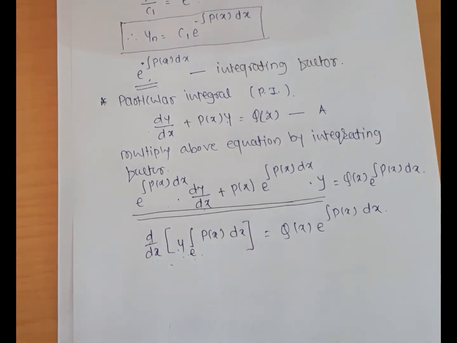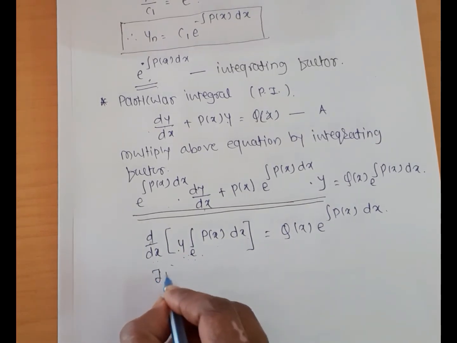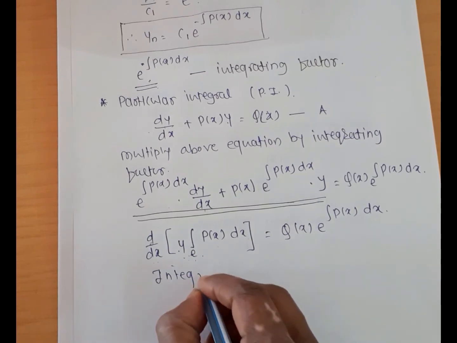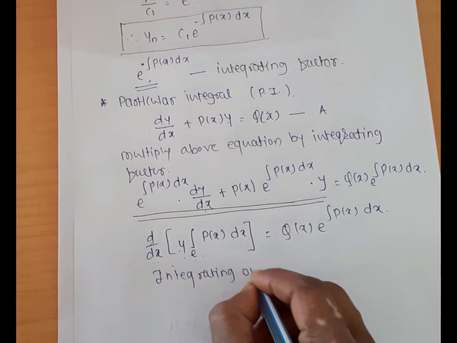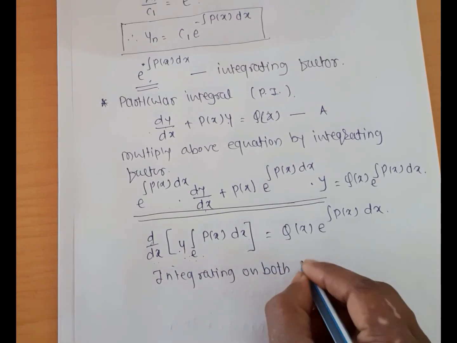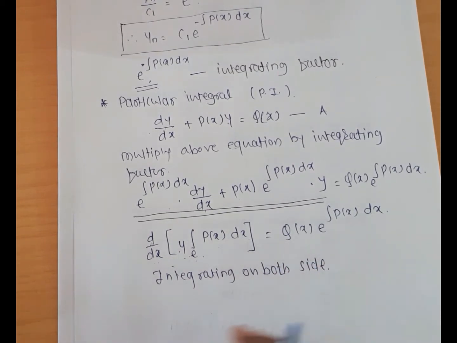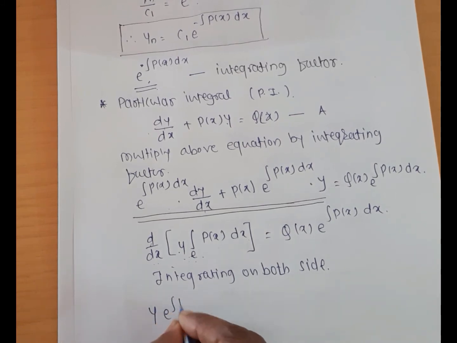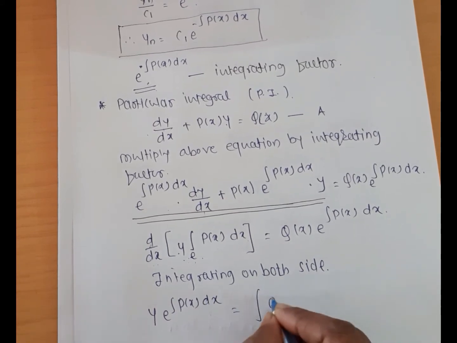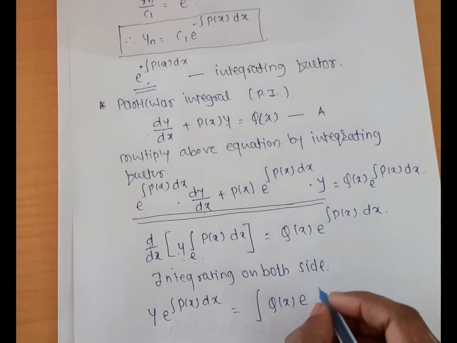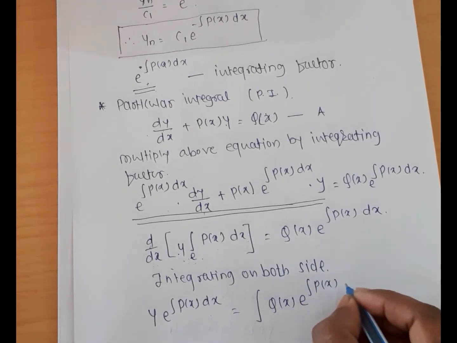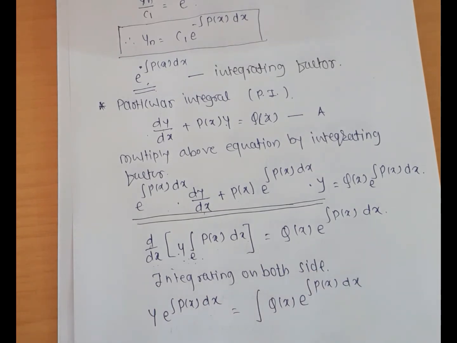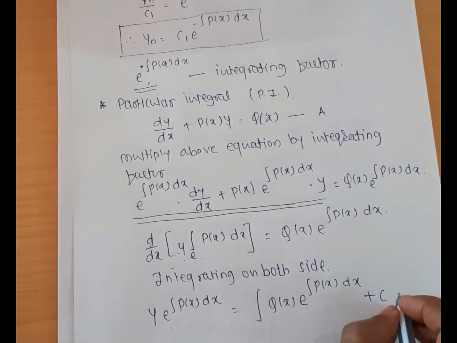Okay. Then integrating both sides, what do we get? Integrating the above equation on both sides, see here, y times e raised to integral of p of x dx is equal to integration of q of x e raised to integral of p of x dx dx plus c, where c is an integrating constant.